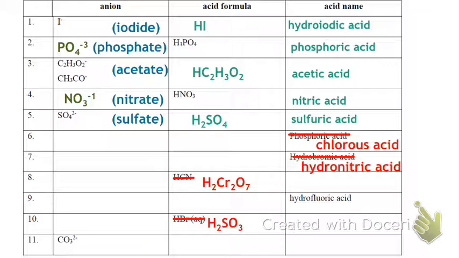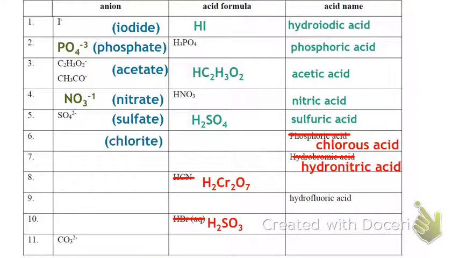Well, what if I know the name and I need to find the formula? So this is chlorous acid. I'm looking at this name and I need to figure out what that thing with the H is going to be. What is my anion before I can even write the formula? So remember, chlorous, the ous version goes with the ite version of the polyatomic.